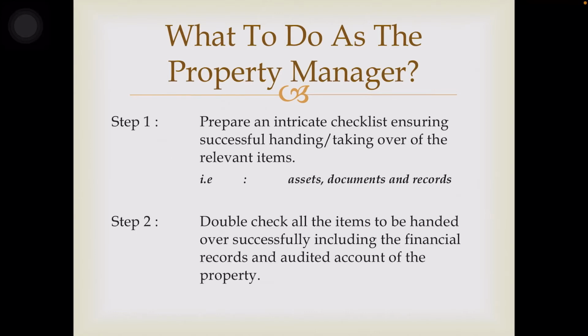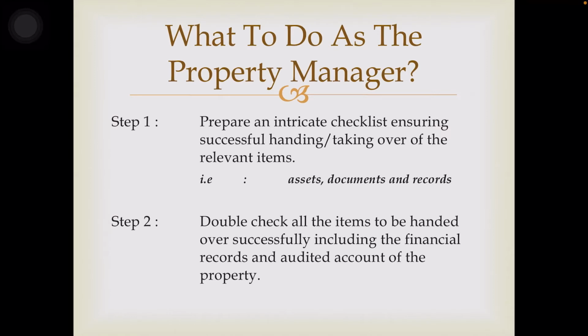So, step 1 is the property manager has to prepare an intricate checklist ensuring successful handing taking over of the relevant items, for example the assets, documents and records. That is a very general and basic step for the property manager.